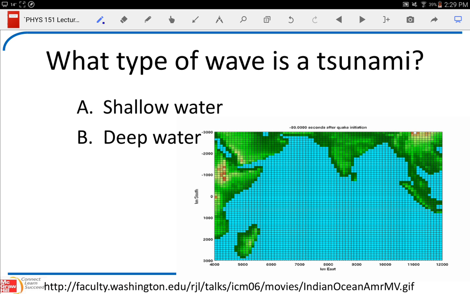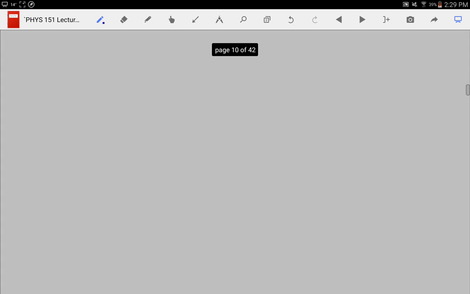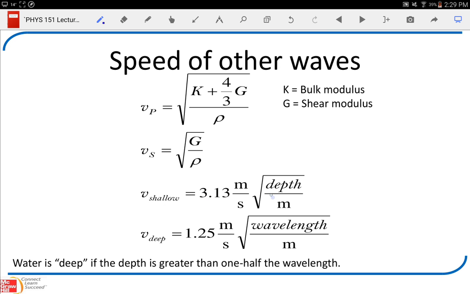You have a wave traveling through the ocean. The wave has a very high speed because, well, we come back here to the shallow water wave. We take that 2 miles or 3 point whatever kilometers, 3,000 something meters, square root it, multiply by 3.13.